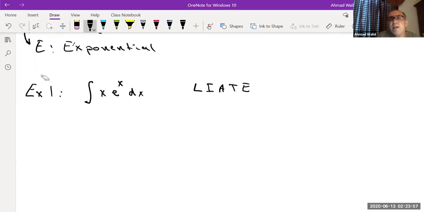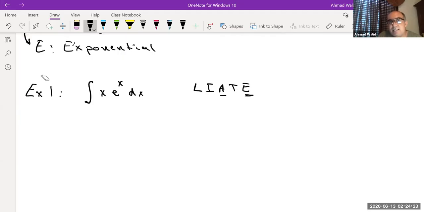Logarithm, inverse trigonometric functions, algebra, trigonometric, exponential. Here, I have algebraic, and e to the x is for me exponential, correct? E to the x is exponential. Which one comes first, algebra or exponential? Of course, A comes first.